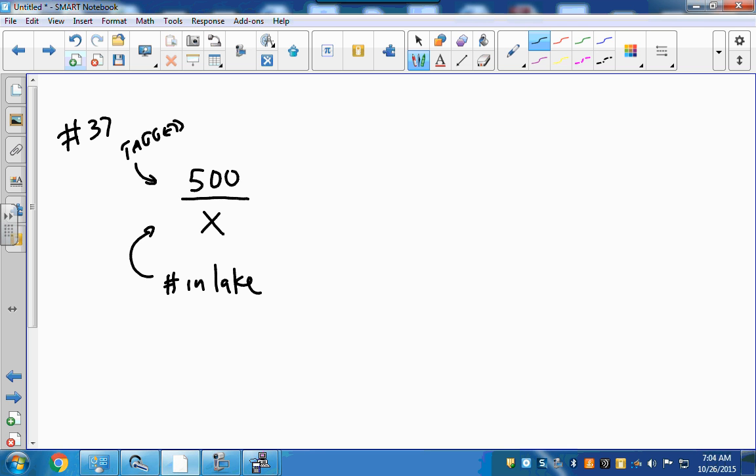500 out of all the fish in the lake were tagged. And then a month later, there was a sample of 8 tagged and 400 collected, right? 400 collected. Okay. So this proportion is set up.